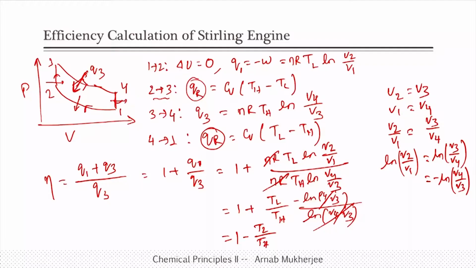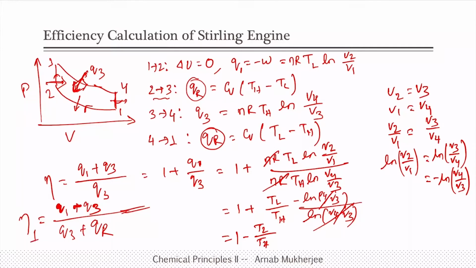Now, you see that if the regenerator would not be there, then your efficiency would be Q1 plus Q3, the total work done, divided by the heat input in the Q3 step plus QR, because in this step also heat has to be taken in, and the other two heat processes, Q1 and minus QR, will cancel in the numerator, and therefore, this will have lesser efficiency. Let us call it the efficiency of an irreversible Stirling engine, which will have lesser efficiency than a reversible Stirling engine.